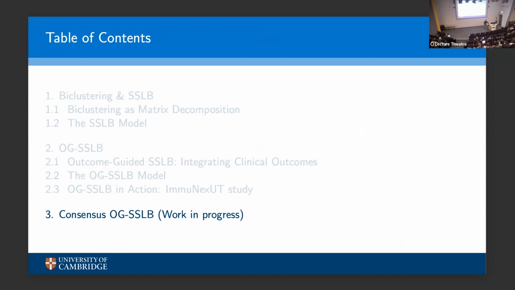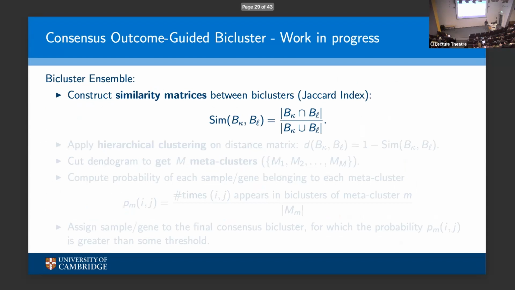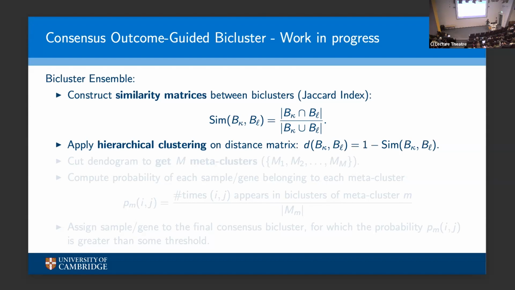To compute this, what we did is standard steps to construct this ensemble approach. We first build similarity matrices between all the biclusters from all the runs using a measure called the Jaccard index. It's an accuracy metric, 1 perfect similarity, 0 non-similarity. Then we apply hierarchical clustering on the distance matrix, and then we cut the dendrogram to get these M groups of similar metaclusters.